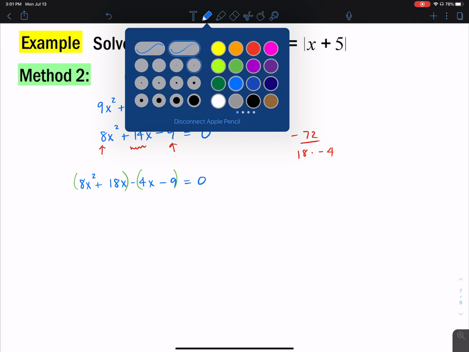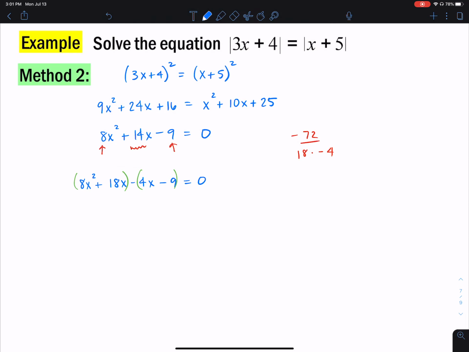I always leave this middle negative sign out of that second group, just to show me that I'm not actually just factoring here; I'm dividing right at that plus or minus sign. So in the first group, the greatest common factor that I can take out is a 2x. When I take that out, I'm left with 4x plus 9.